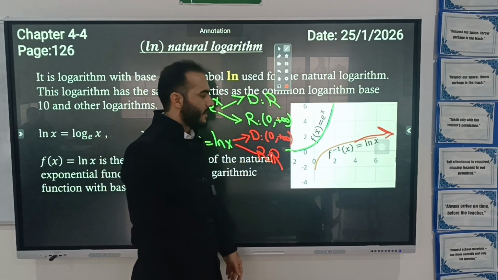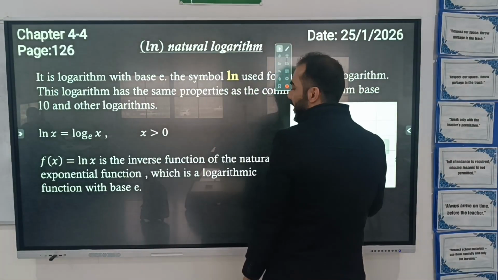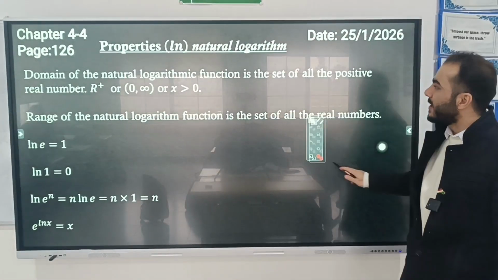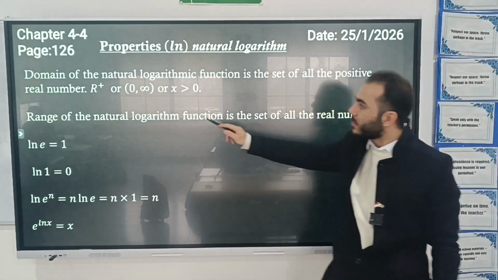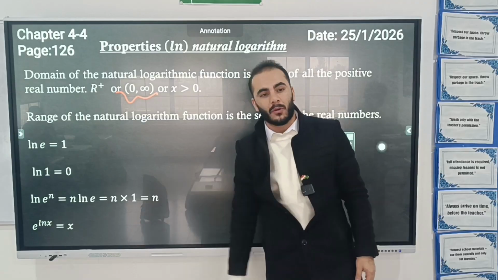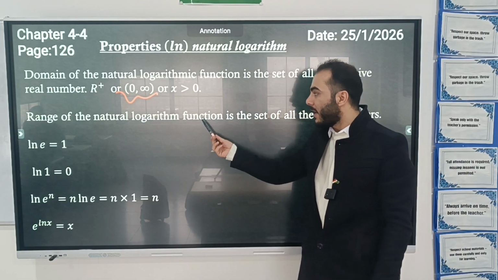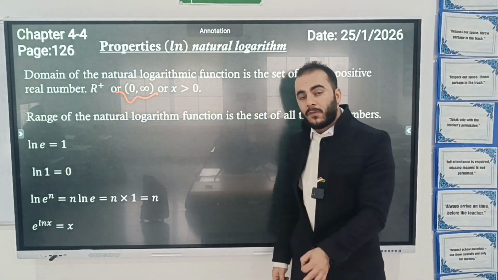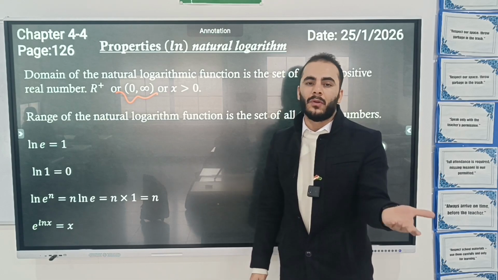Take care of this note, please. The next slide has whatever we said right now. The domain of the natural logarithmic function is the set of all positive real numbers, from 0 to positive infinity, exactly what we wrote in the previous slide. And the range of the natural logarithmic function is all the real numbers.